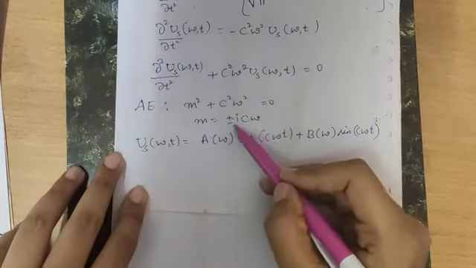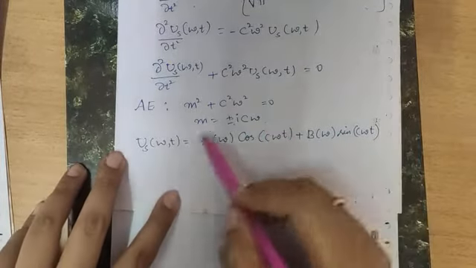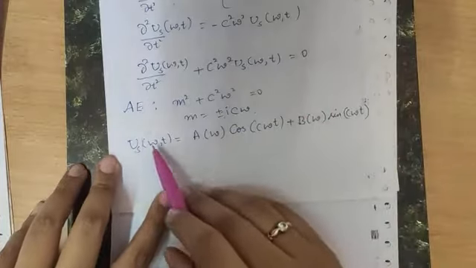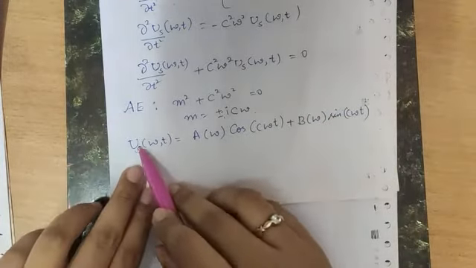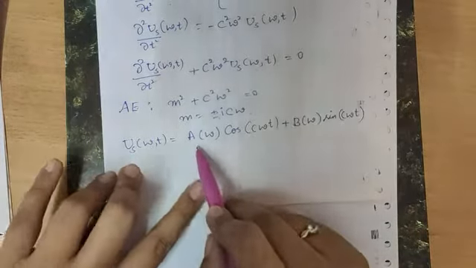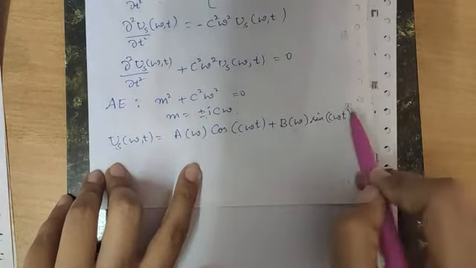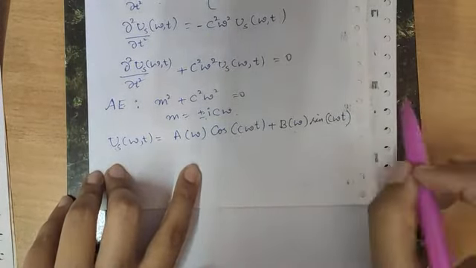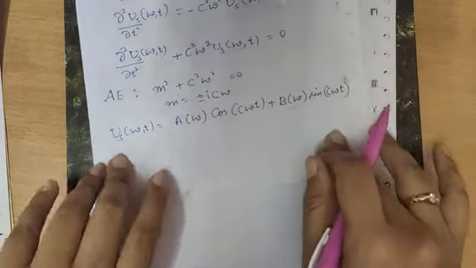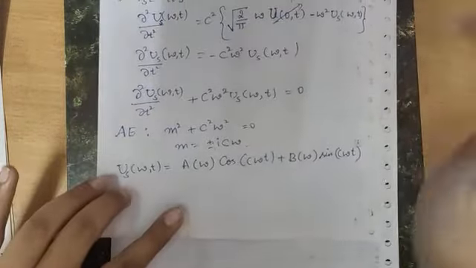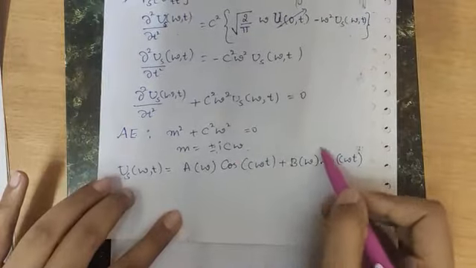The roots are plus or minus icω. For that, I have written the solution: since it is a Fourier sine, Us(ω, t) is equal to A(ω) cos(cωt) plus B(ω) sin(cωt). Now I have to find the value of A(ω) and B(ω).